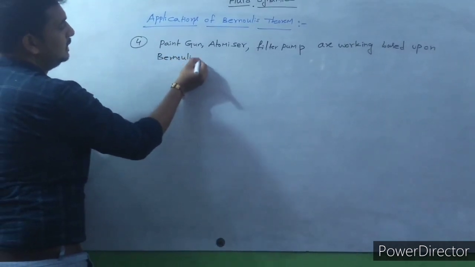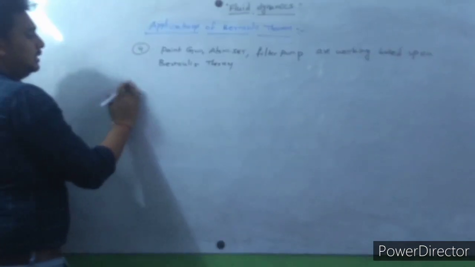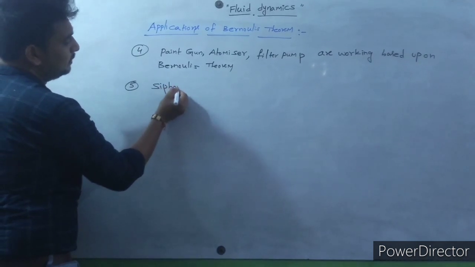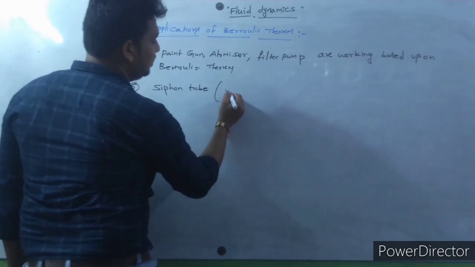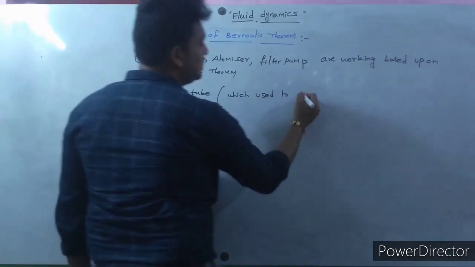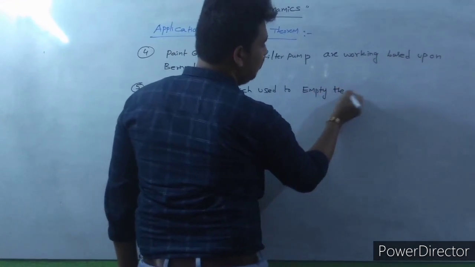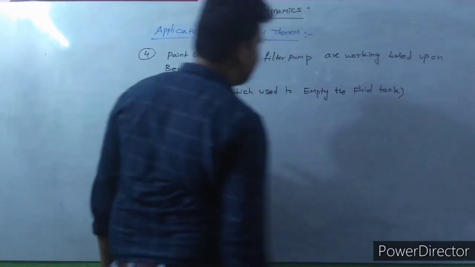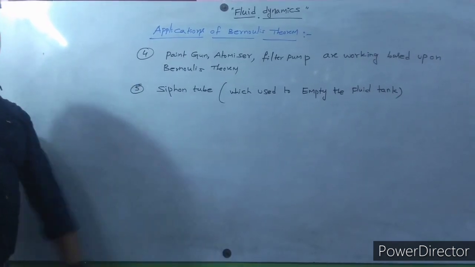Next, the fifth one is the siphon tube, which is used to empty a fluid tank or container. The siphon tube also works on Bernoulli's theorem only.